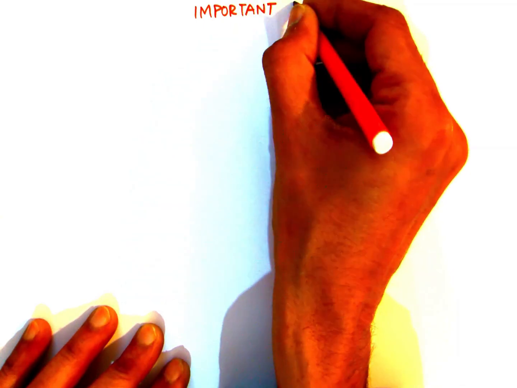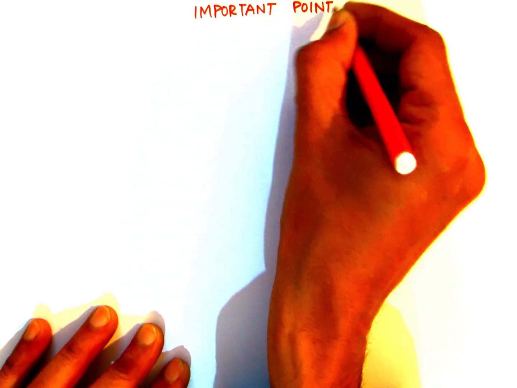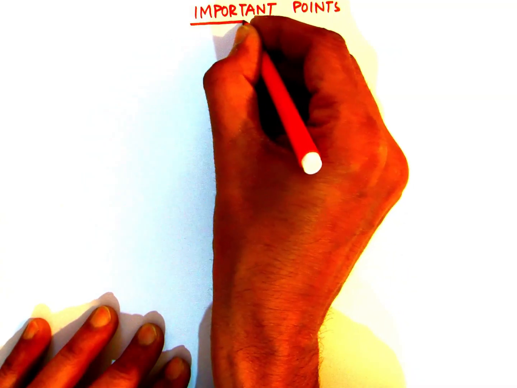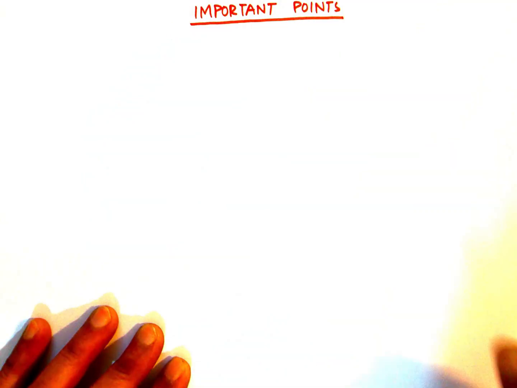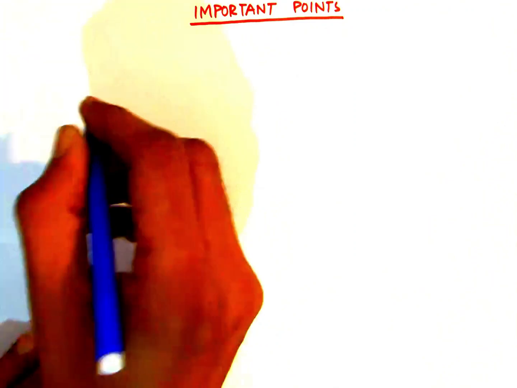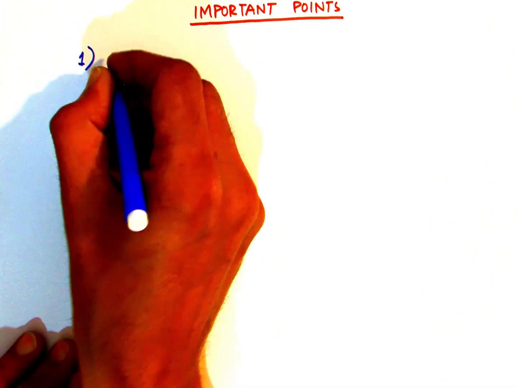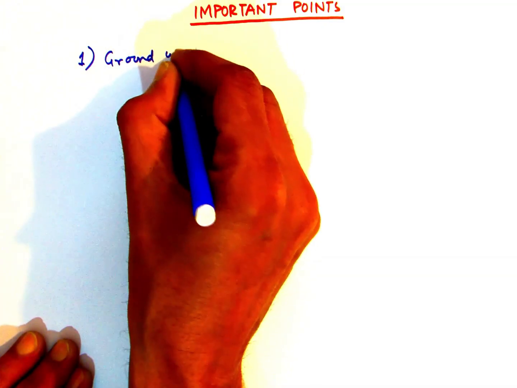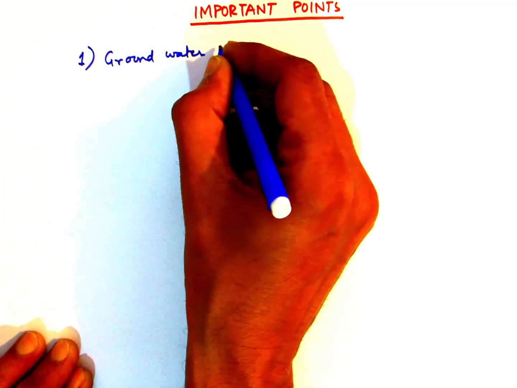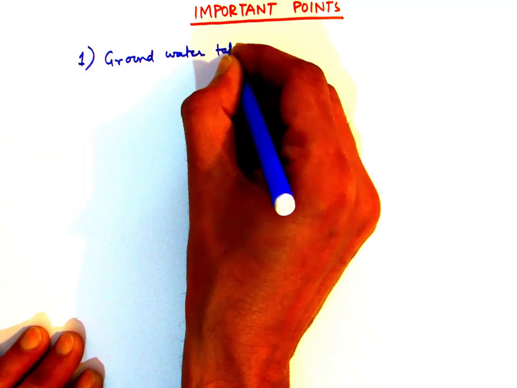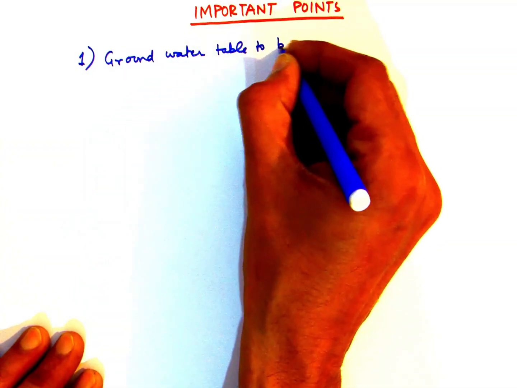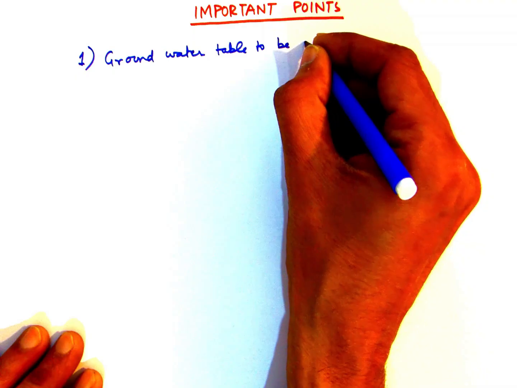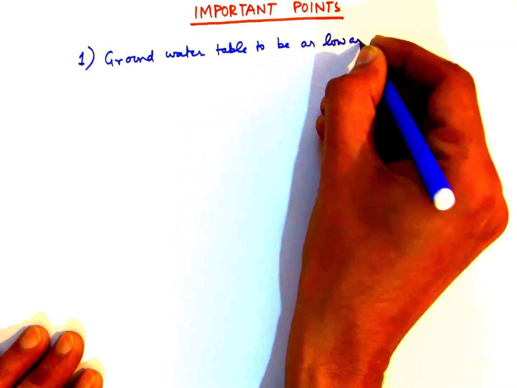Let us also take note of some of the important points which are applicable for block type foundations. Now it's desirable that the groundwater table should be lower as compared to the bottom of the foundation. The reason is that water is a very good conductor of vibrations.